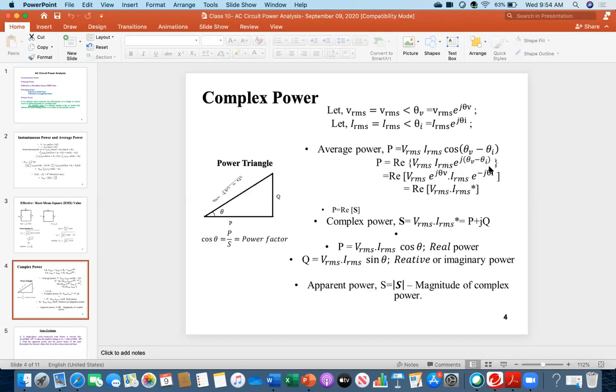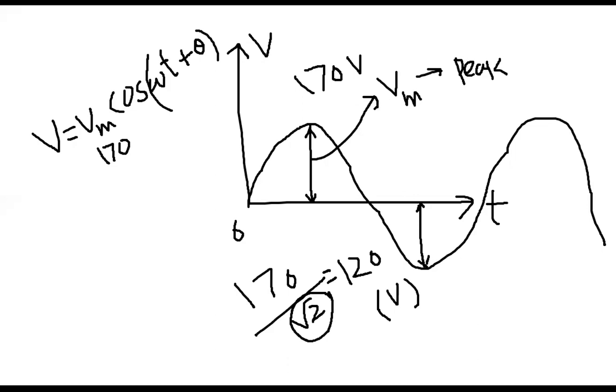Where did you get the cosine? Okay, so e to the power j theta, let me write it down. Hold on. Everybody look at this.